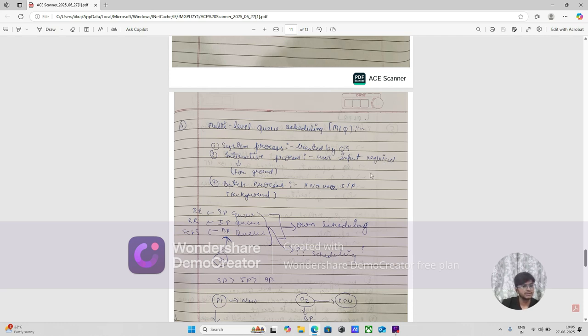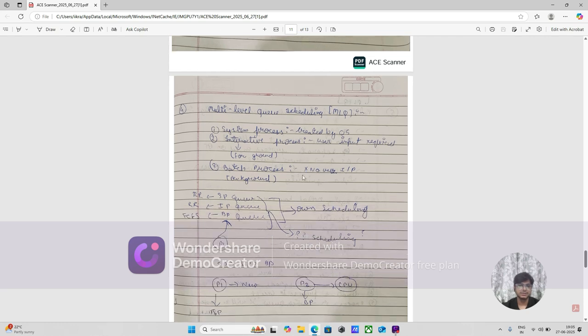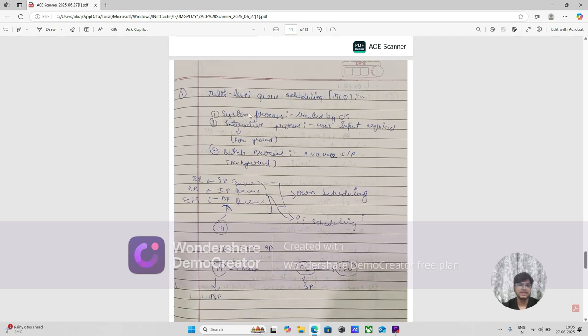System processes are whichever processes the operating system is running. Interactive processes are whichever the user has given. Batch processes are run in the background, like input and output, with no user. System has the highest priority, then interactive, and batch is the lowest.